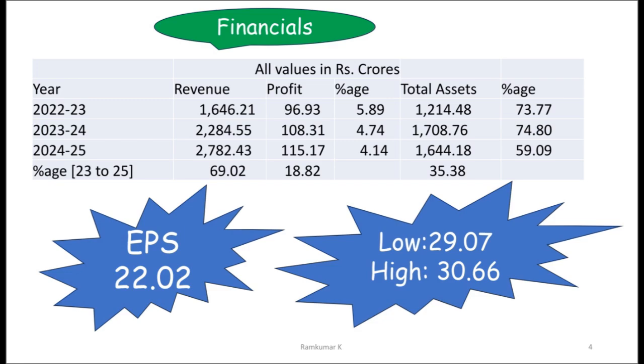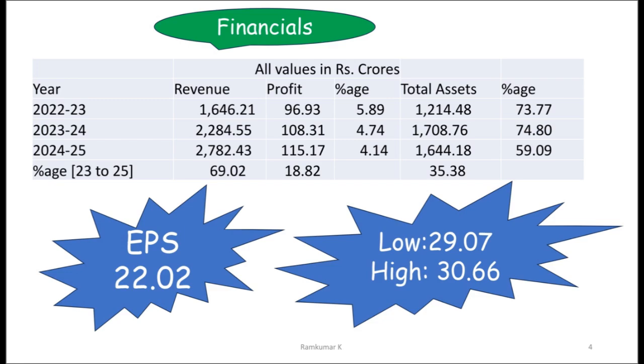If you look at the first year and the third year, that is 23 and 25, a percentage increase of 69 is observed. Profit after tax for the same period is 96.9 crores, 108.3 crores, 115.17 crores. Here again for the said 2 years, that is 23 and 25, the difference is 18.82%.